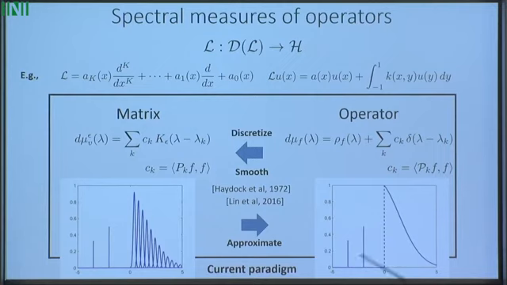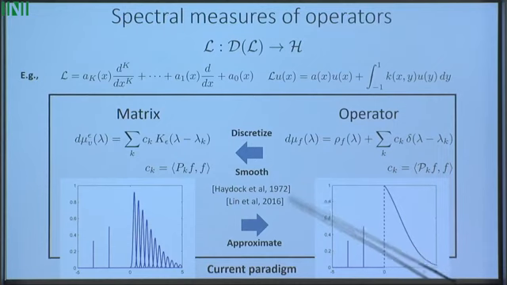So that's one issue. Number two is it's quite difficult to understand how one should choose the discretization parameters and the smoothing parameter to accurately resolve this continuous function.